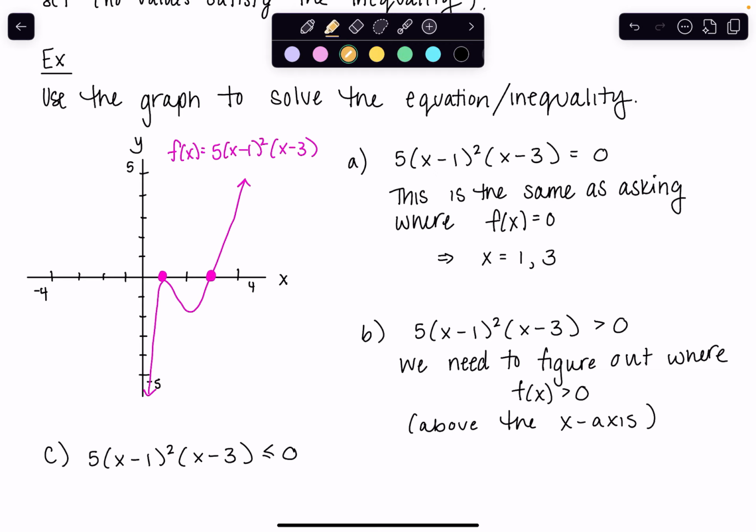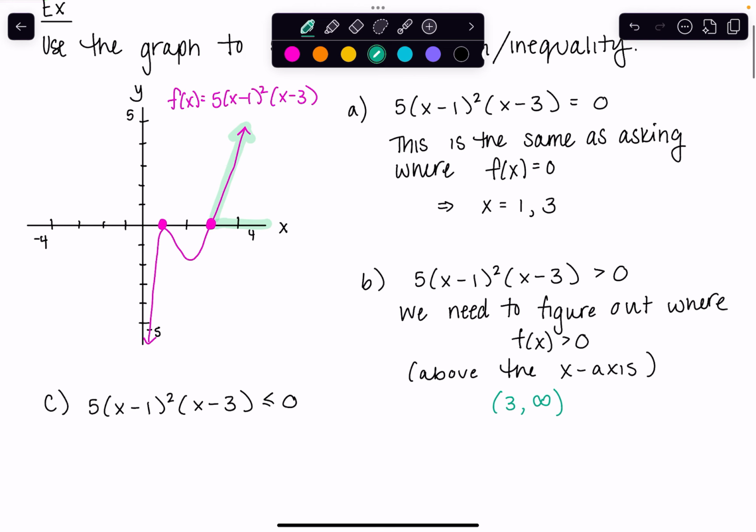Again, I want the x values that it happens for. It can't equal 0 though. So the x values start at 3 and go forward forever, but it's not equal to 3 because it cannot equal 0. So my solution to this inequality would be from 3 to infinity, with open parentheses around both because it cannot equal them.